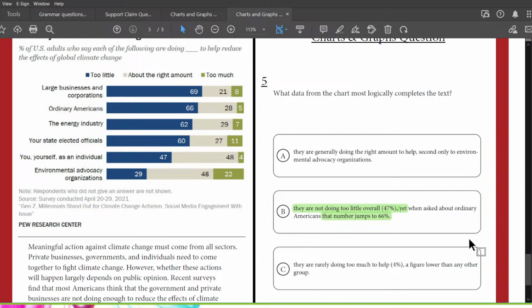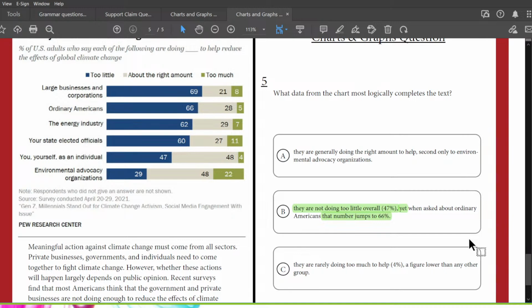This one's a little more abstract, but I do see something inconsistent here. Anybody have an idea? I mean, think about what they're asking here, right? They're surveying people and asking them, how do you feel about these groups and their actions about climate change?